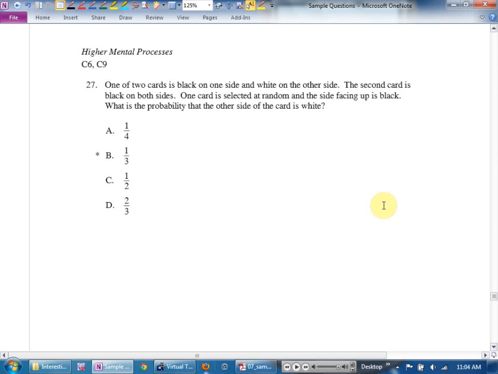I think I would say this. You can pick card A or card B, and I think there's a 50-50 chance of picking up either card. In card A, it can be black or white. Now card A is the first card, which is black on one side and white on the other.